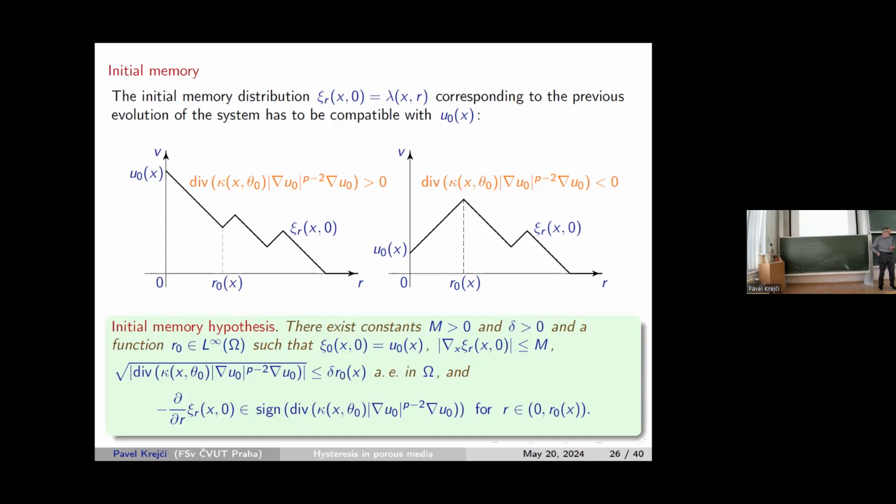And then we are able to say that there is a local solution, then extend the local solution globally. So this means that the initial condition, for the case with positive or negative flux, must somehow correspond to the initial.